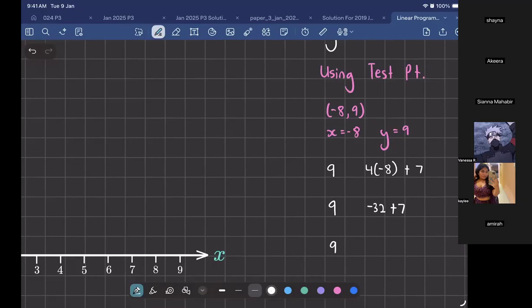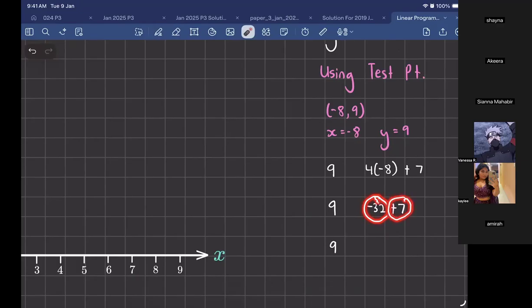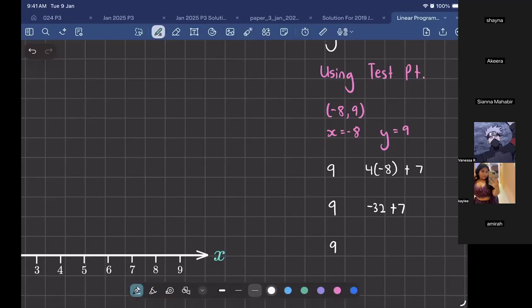Minus 39? Nah, not minus 39. Think of it like this, right, Vanessa? Minus 32 would have meant that you owed somebody $32. And plus 7 would have meant you paid them back $7. How much are you still owing them? 25. Yeah, so that'll be minus 25.